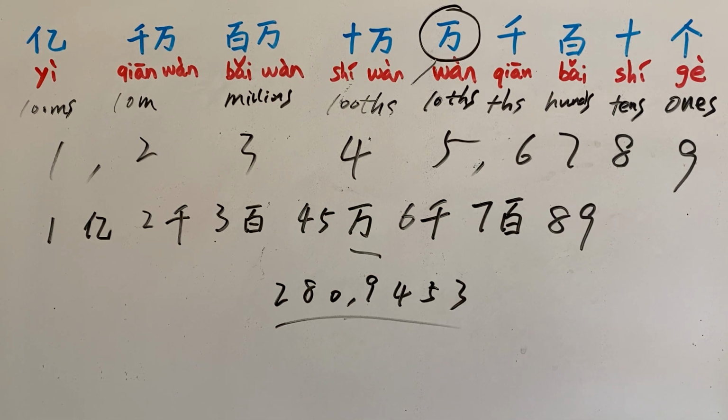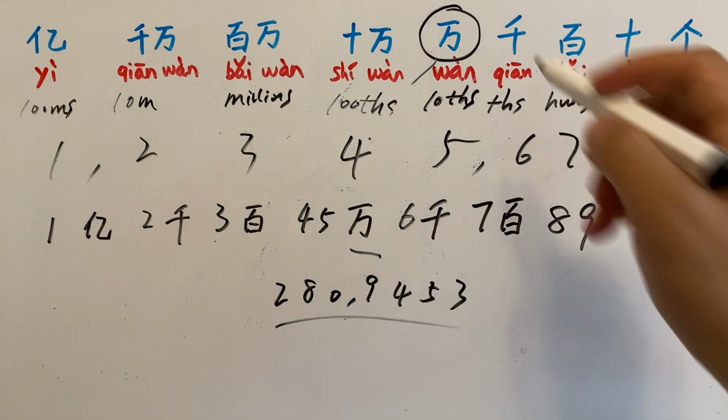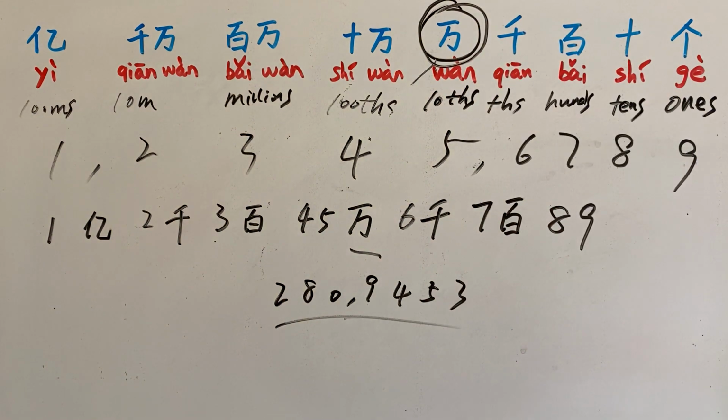So the mindset you have to change is from thousands to 万 in Chinese. In English, it is very important to remember the thousands, 10,000s, 100,000s. But in Chinese, we have this 万. This is a pivot of counting numbers.